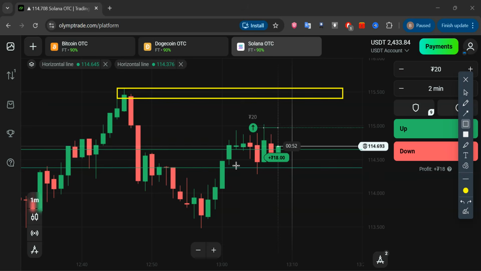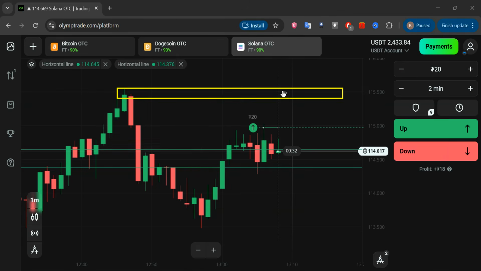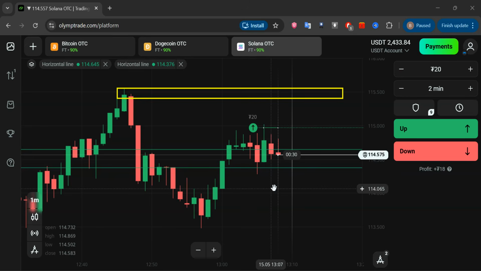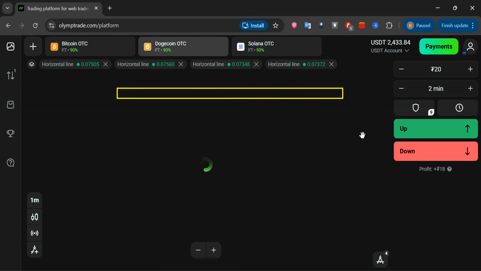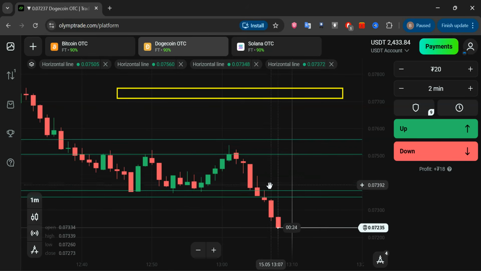Let's wait for this other trade. Though our entry point was a bit far, so let's wait. So strong sellers entry here.